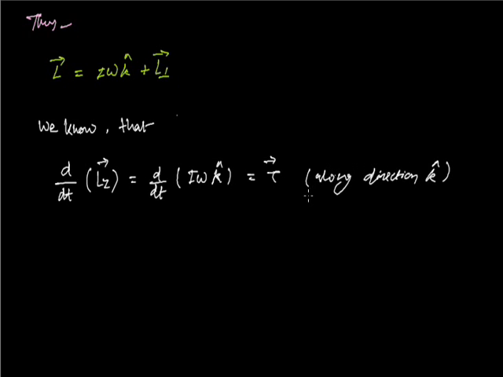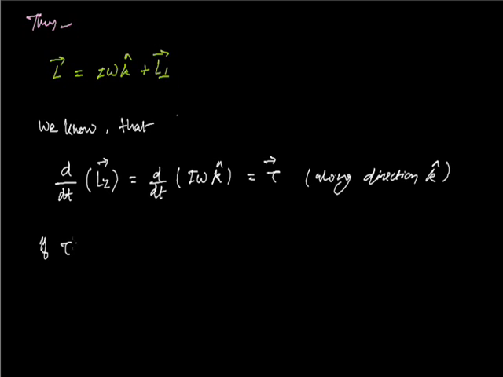So if the net torque is 0, the change in the angular momentum is 0. So angular momentum parallel to the rotational axis will be constant when external torque is 0, when the rotational motion is in equilibrium.